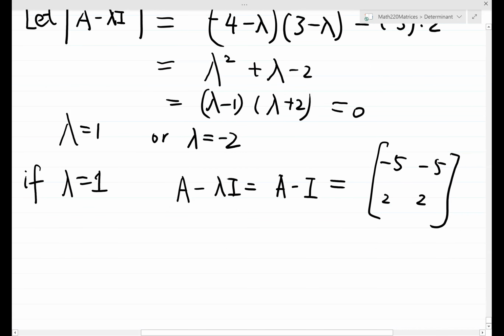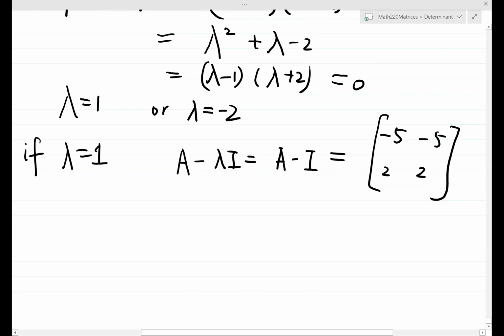We already know how to solve for a null space. Then you find its eigenvector should be, in this case, x1 times (1, -1). You can multiply by any multiple: x1 in R, x1 is not 0. Remember, an eigenvector should be non-zero.